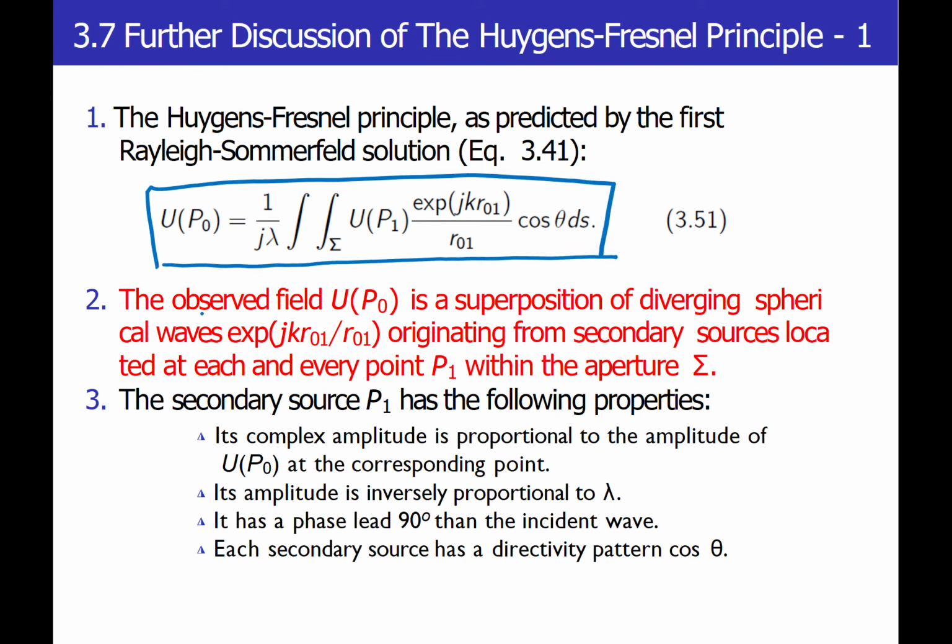Okay, so the observed field at U(P0) is a superposition of diverging spherical waves originating from the secondary source located at each and every point P1 within the aperture. I'm sorry, this should be this one. Spherical wave and its weight over the aperture, and the cosine theta is the directional compensation.